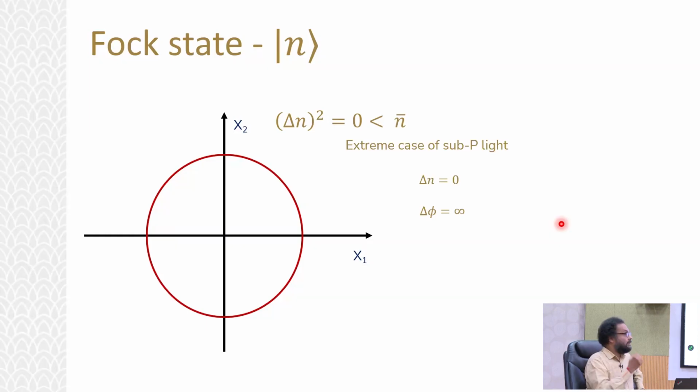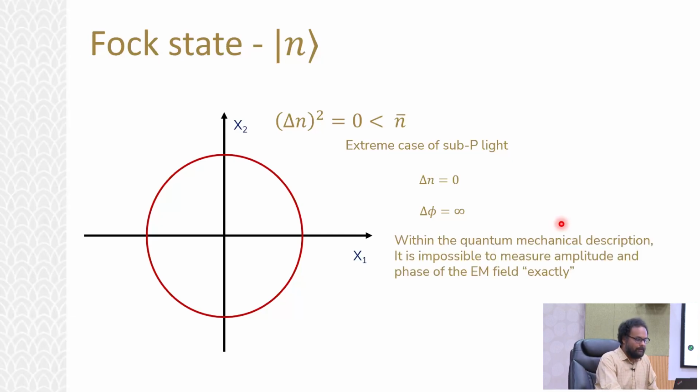Okay, but in this case, if you try to use the Fock state for a phase measurement, the phase uncertainty will be infinity. It has to be, because otherwise you are violating the Heisenberg uncertainty principle. Okay, so within the quantum mechanical description, it is impossible to measure amplitude and phase of the electromagnetic field exactly.